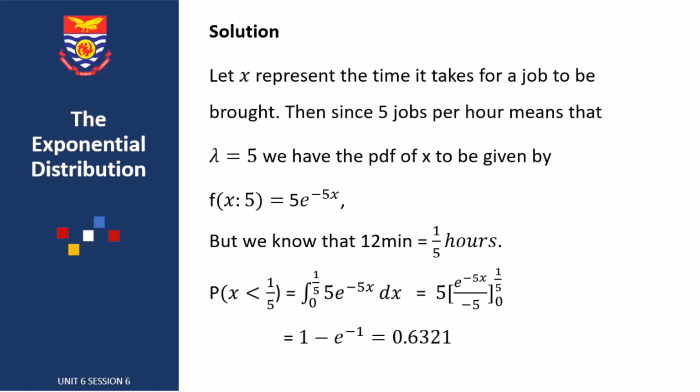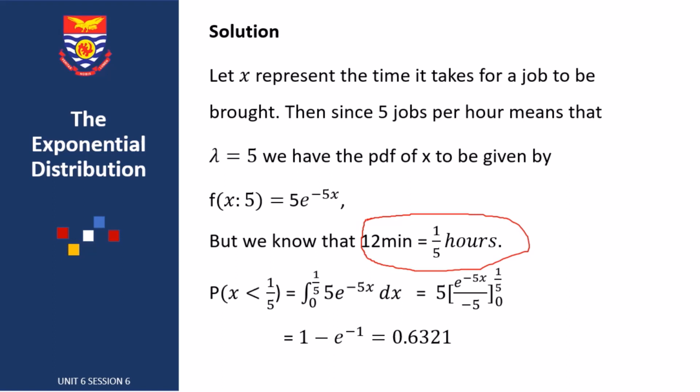But the rate is given in hours, and we have to find the next 12 minutes. So the 12 minutes should be converted to hours. That is 12 divided by 60, since 60 minutes make an hour.